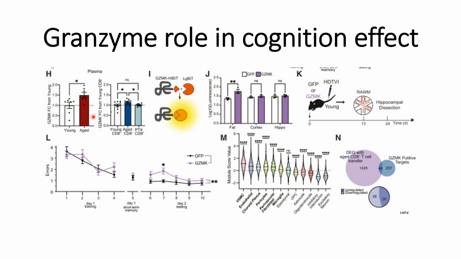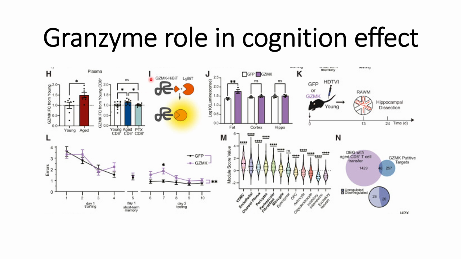They are able to see that the aged CD8 plus T cell treated mice have high Granzyme in the plasma, and when these mice are treated with PTX, they see reductions in the Granzyme, indicating it's the CD8 that is the main contributor to these increased Granzyme levels in the plasma of the aged CD8 plus T cell adoptive transfer mice.